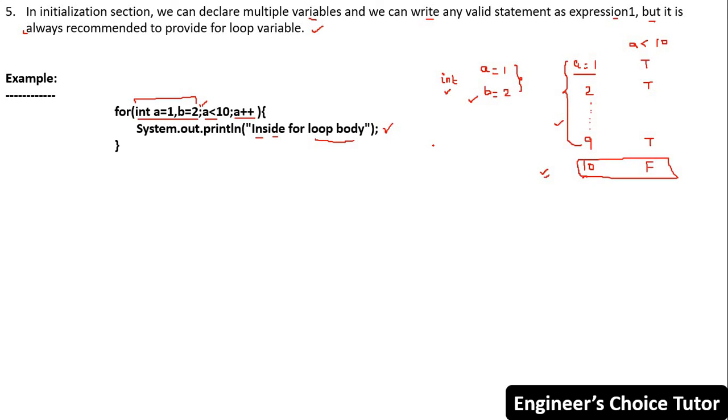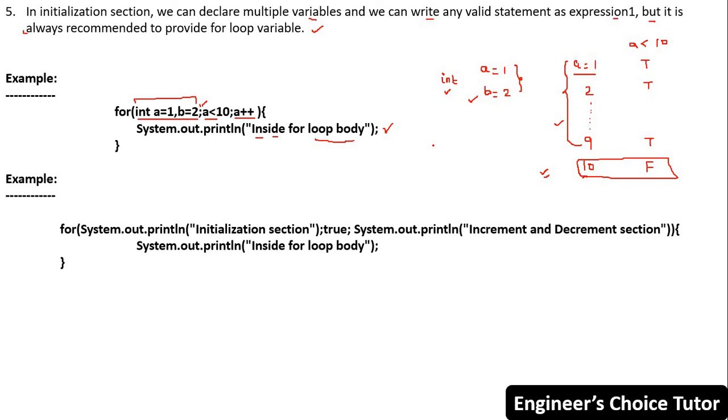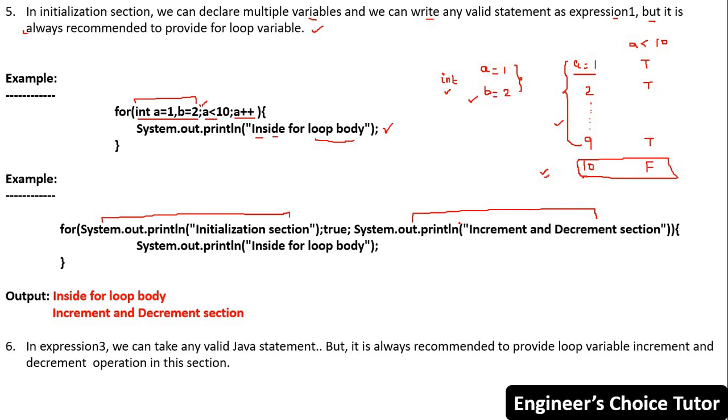Now the next example. This is my example here. Inside the initialization section, you can take any valid Java statement. And inside expression 3, which we basically use for increment and decrement, you can also take any valid Java statement.